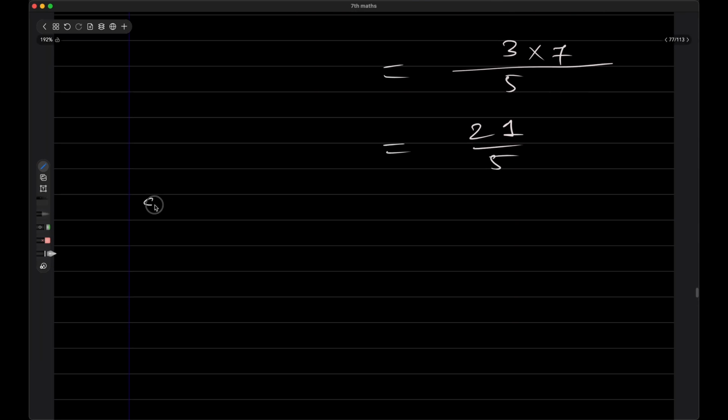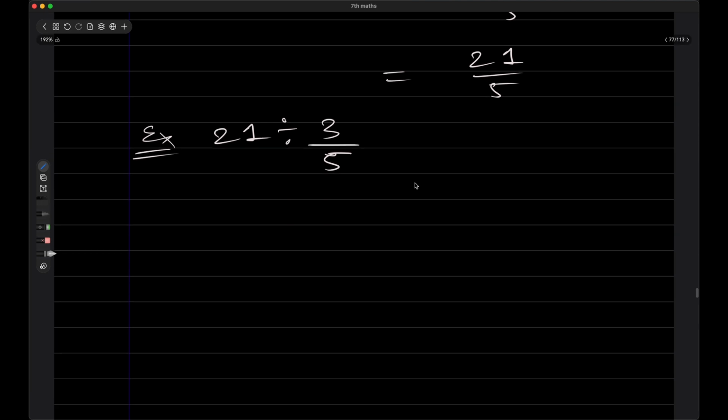Let's take one more example, that is 21 whole number divided by 3 by 5. Starting from division sign, write left side above division sign, right side below division sign.